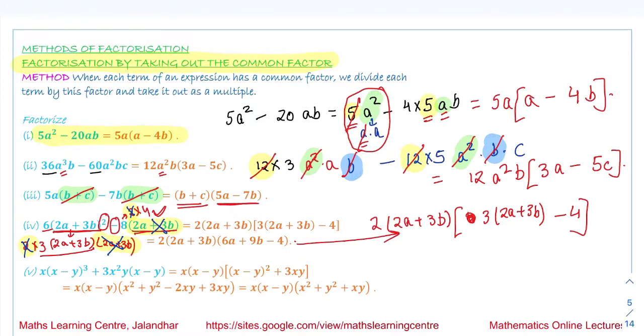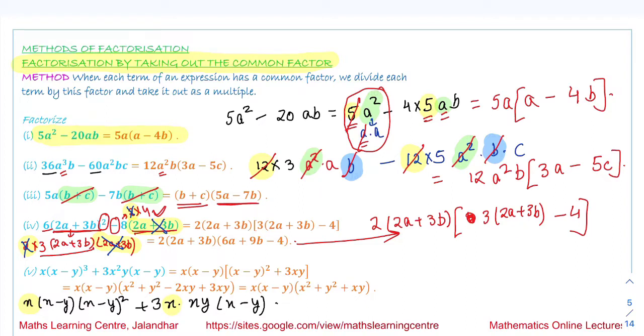Similarly, in the next part we have x into x minus y into x minus y square plus 3x into y into x minus y. Why are we writing it like this? Now look, this is x, this is x, it is common in both.